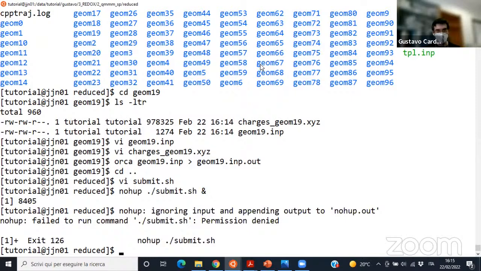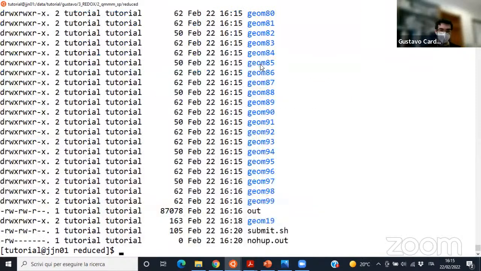Okay, of course, because it doesn't have execution permissions. Great. So please execute this command in command line. The file is yours after all, but chmod a plus rwx.